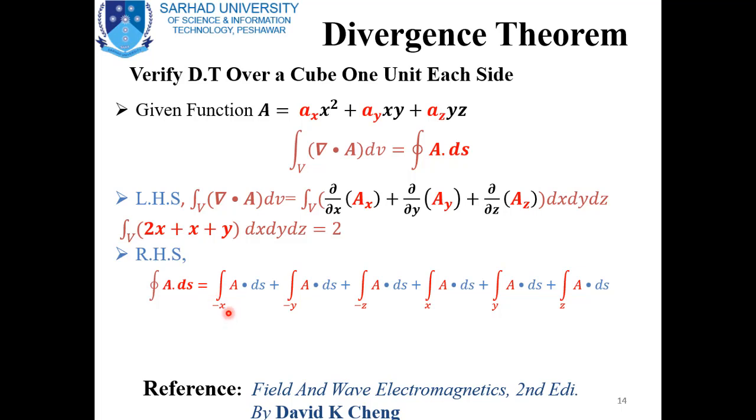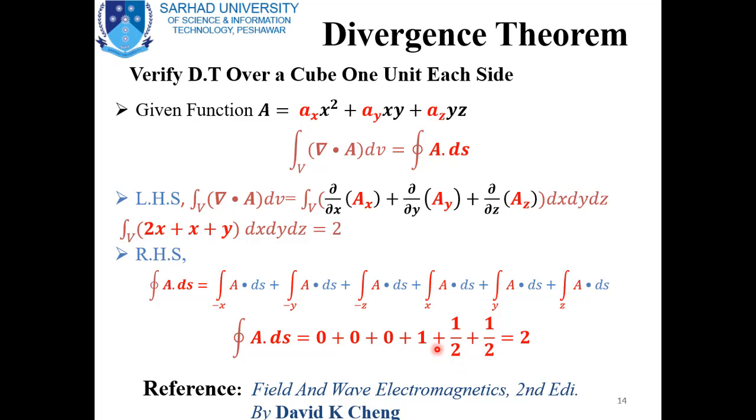One face is parallel to the negative x axis, we have another face parallel to the minus y axis and minus z axis respectively, and we have 3 surfaces which are parallel to the positive x, positive y and positive z axis respectively, and we will obtain 0 plus 0 plus 0 plus 1 plus 1 by 2 plus 1 by 2.